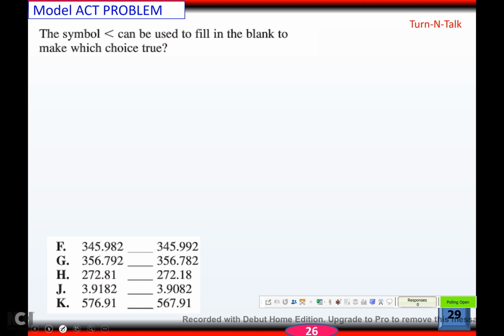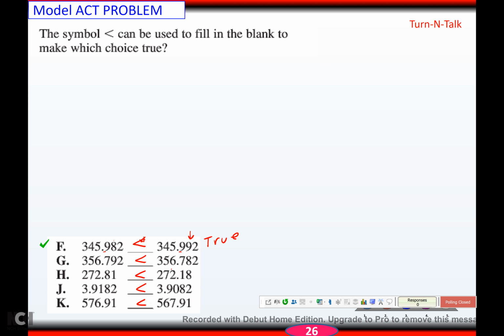And they want the one that would make the choice true. Well, if you put it this way, which one of these is true? Is this facing the bigger number? 3, 4, 5, 3, 4, 5, tie at 9, tie at 9. 9 is bigger than 8, so yes, that's true.